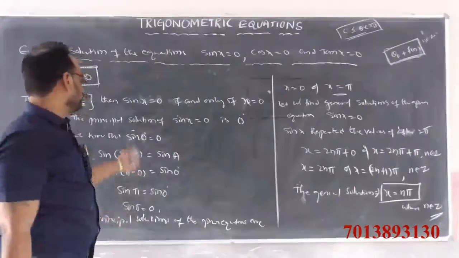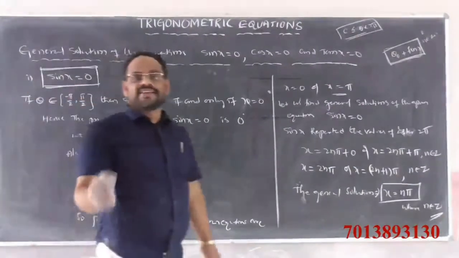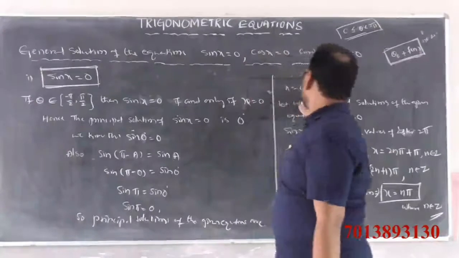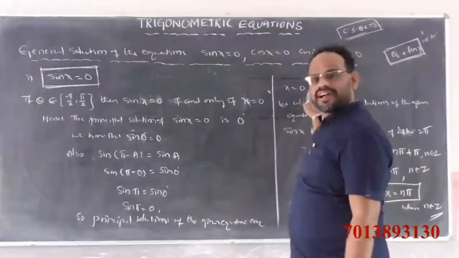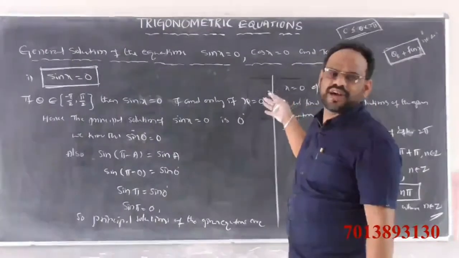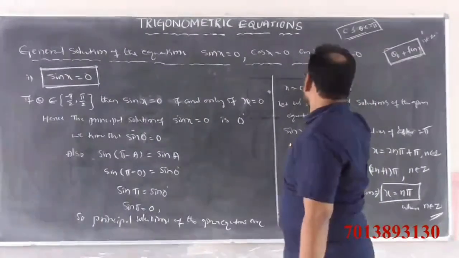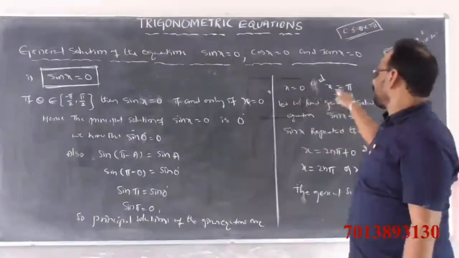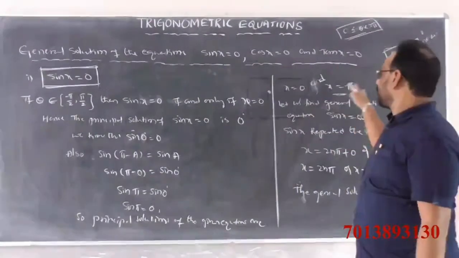So the principal solutions of the given trigonometric equation are clearly 0 and pi. x equals 0 and x equals pi.